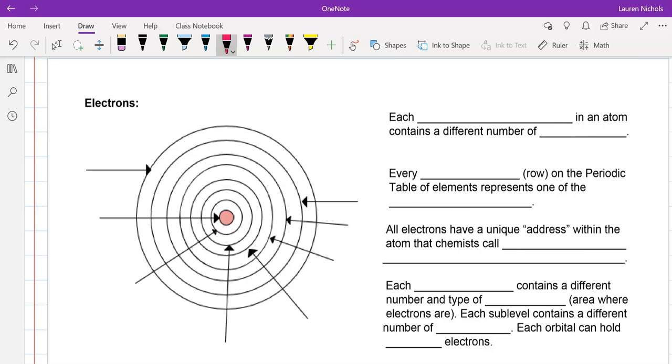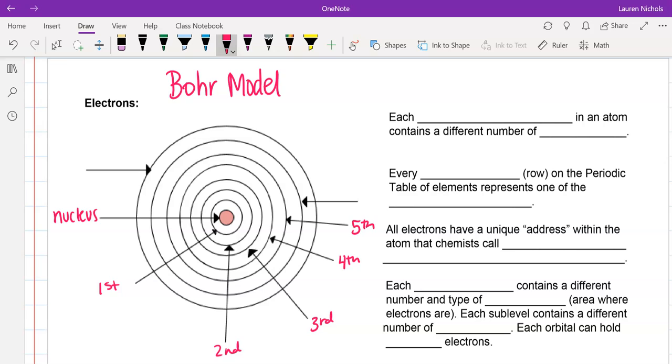Guys, so this video is going to be all about electrons, their pattern, where they are in the atom, and all of that sort of thing. So here we have a Bohr model because it's the easiest to draw and it serves for the purpose of our basic function. At the very center of the atom is the nucleus where you have your protons and your neutrons, and then you have rings going around it all the way up to 7, which are the individual energy levels.